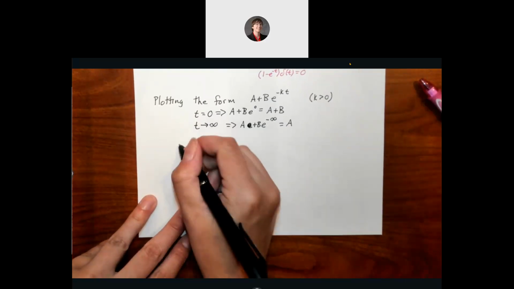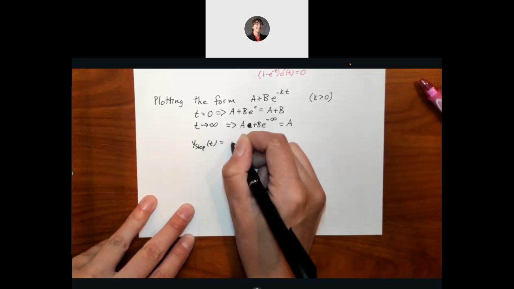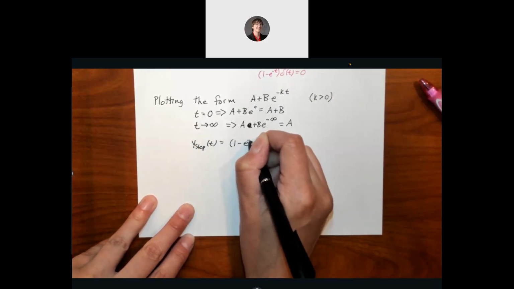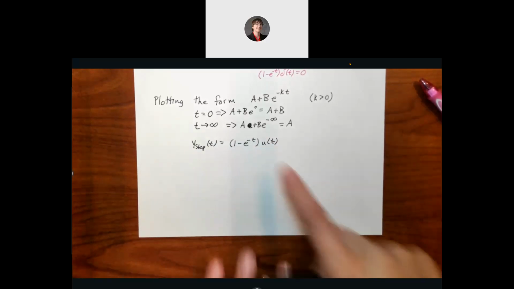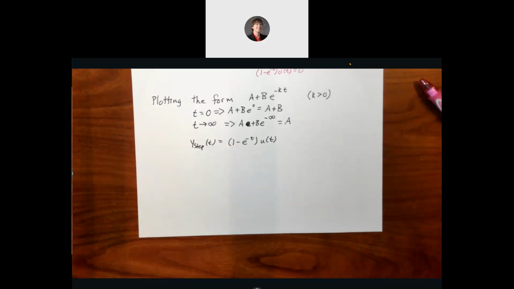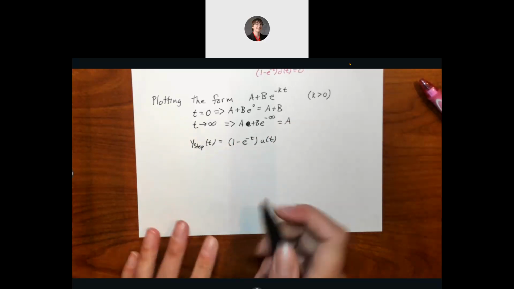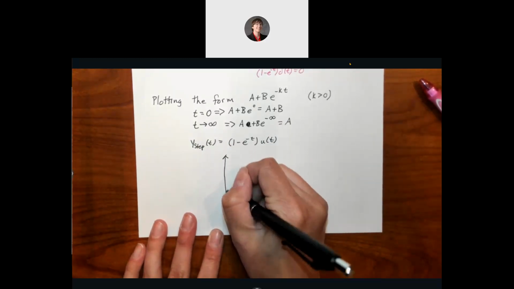Since we're given our y step of t that we found was 1 minus e to the minus t u of t, at t equals 0, our a is 1, our b is minus 1. So at t equals 0, we're going to be at 0, and we're going to converge towards 1.